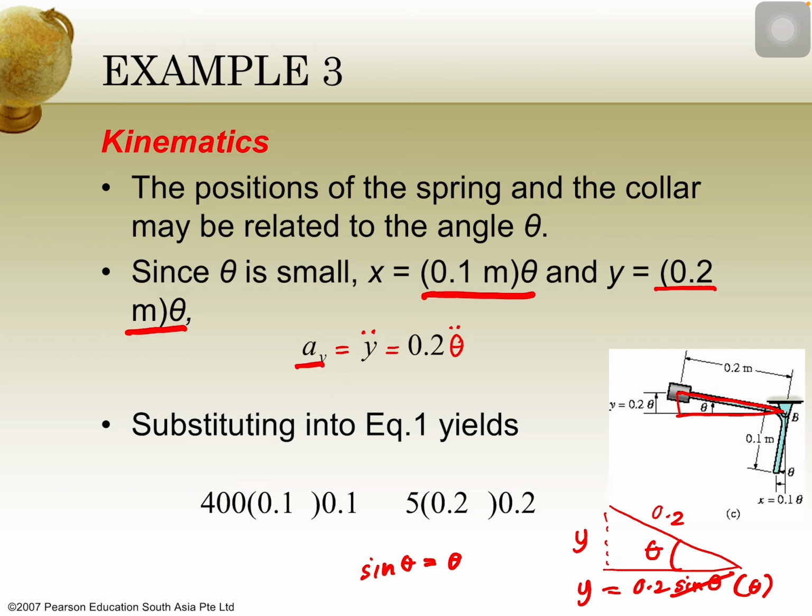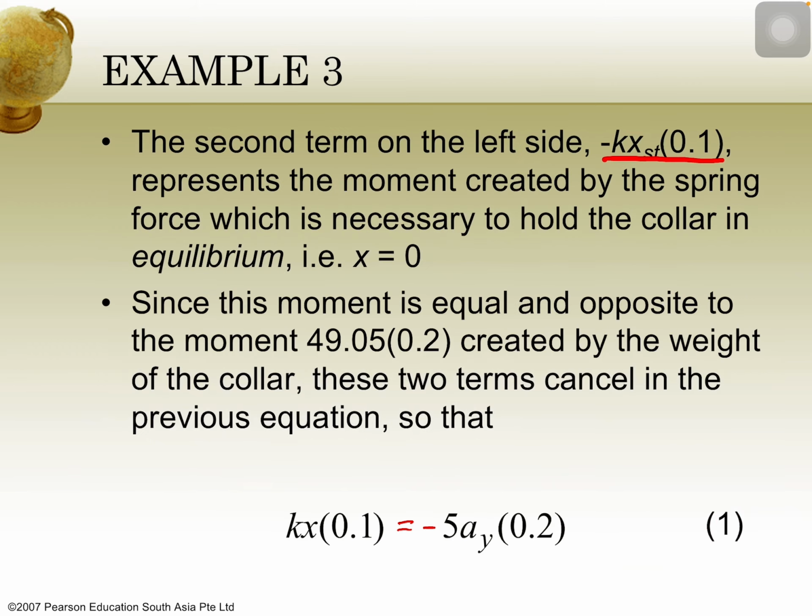Same goes with the acceleration. We use the same formula but with double dot. So this is with double dot, and this one is with double dot. When the double dot is similar, we just add the double dot. So that's the angular acceleration. Then we substitute this into equation 1.